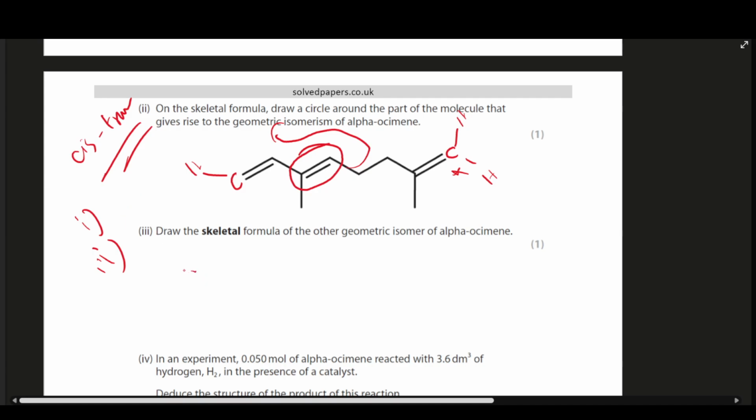Draw the skeletal formula of the other geometric isomer of alpha ocimene. Okay, if you want to draw this, Sylvia, can you try to tell me what's going to happen? What is the change here? It's pretty easy since I've already shown you which part the geometric isomerism is going to arise from.